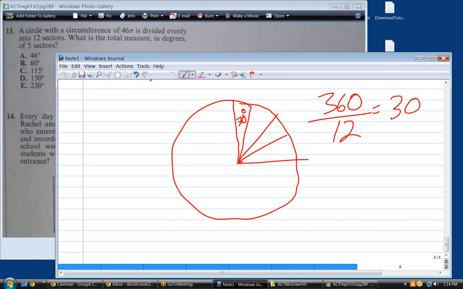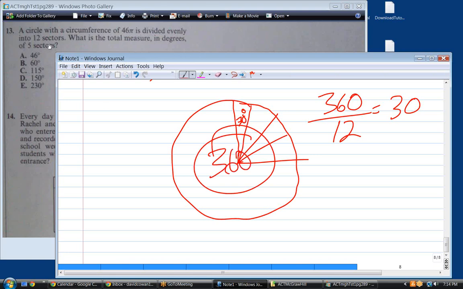Okay? And that's really the way to do it. Notice that 46 pi had nothing to do with anything. All we needed was to know that the whole of the circle is 360.